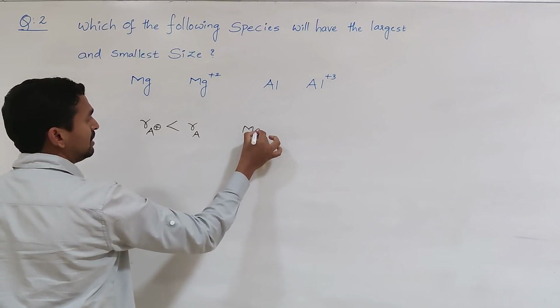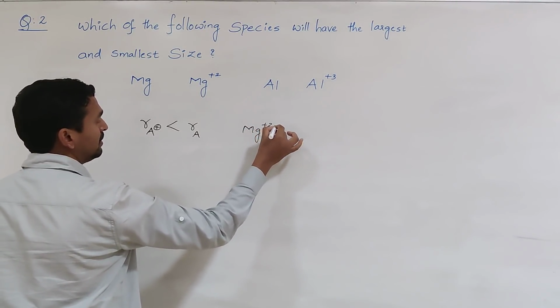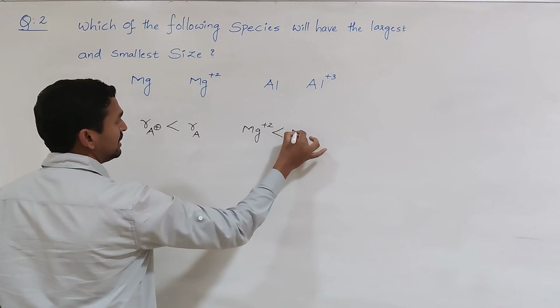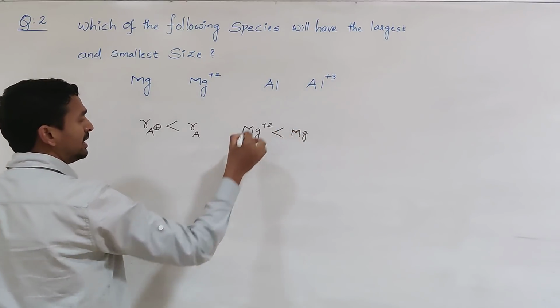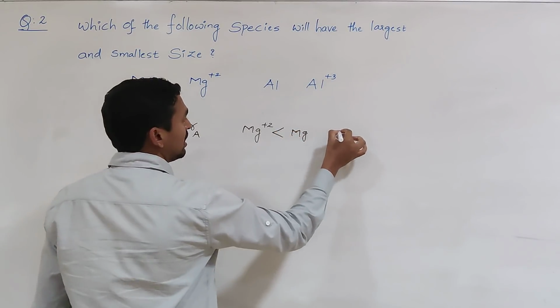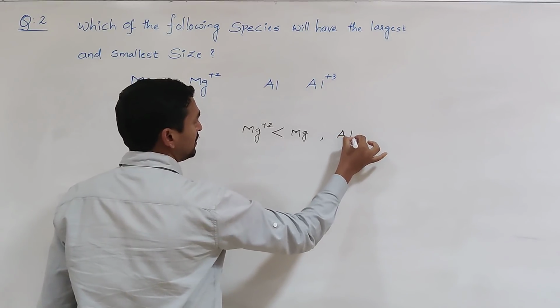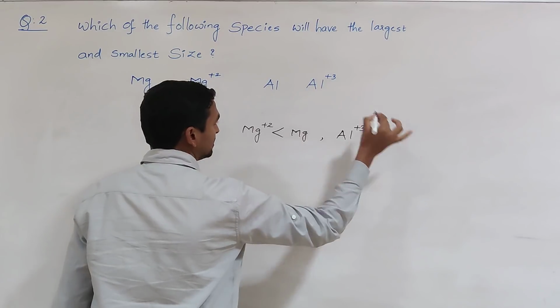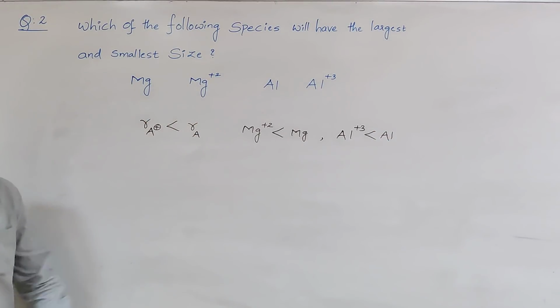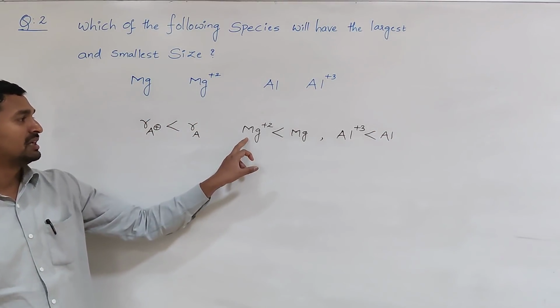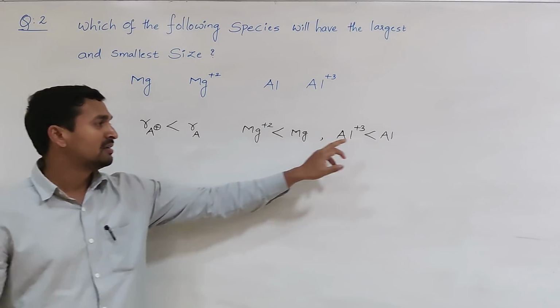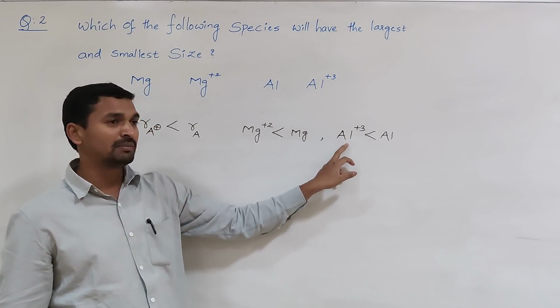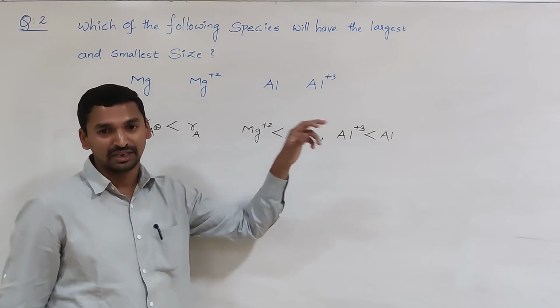Mg plus 2 is less than Mg, and Al plus 3 is less than Al. This is the one conclusion. When compared with magnesium, magnesium plus 2 is smaller in size. When compared with aluminium, aluminium plus 3 is also smaller in size.